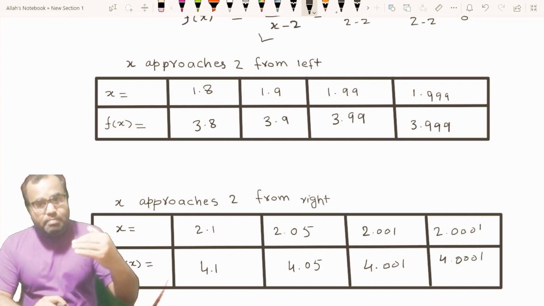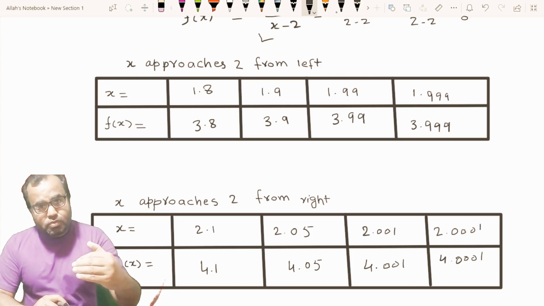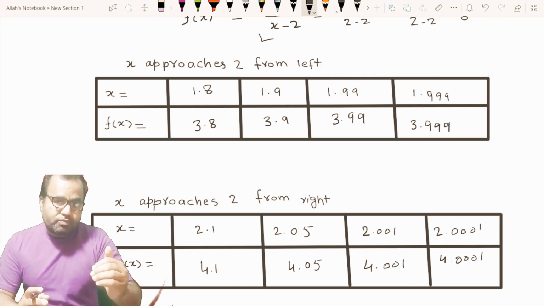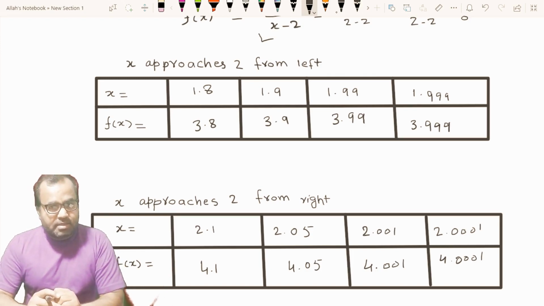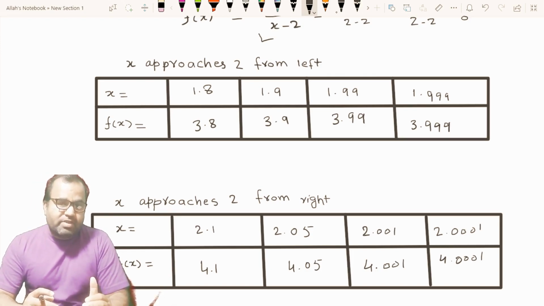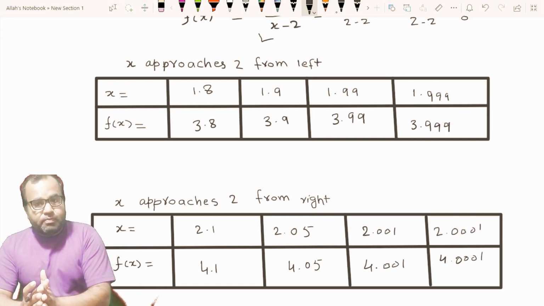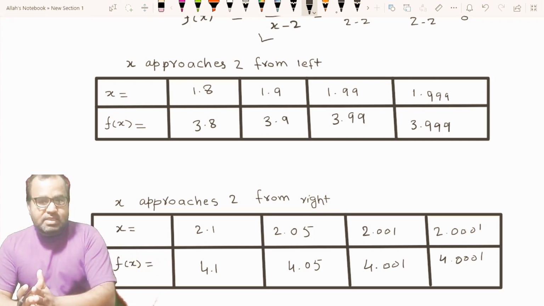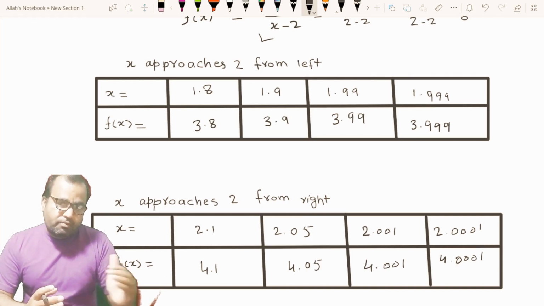So as we move closer to 2 from the right side, we get the answer closer to 4 from the right side. In the similar way, as we move closer to 2 from the left side, our answer is closer to 4 from the left side.